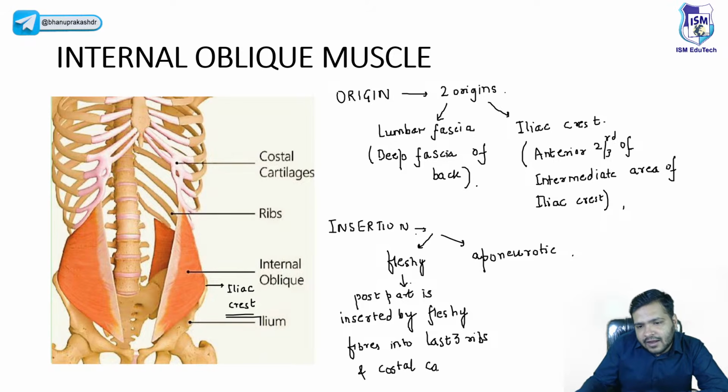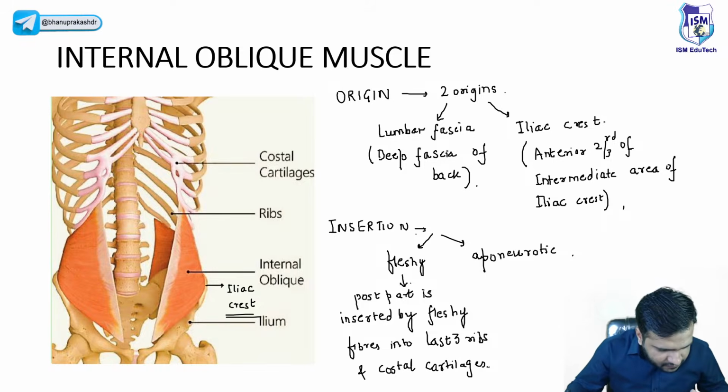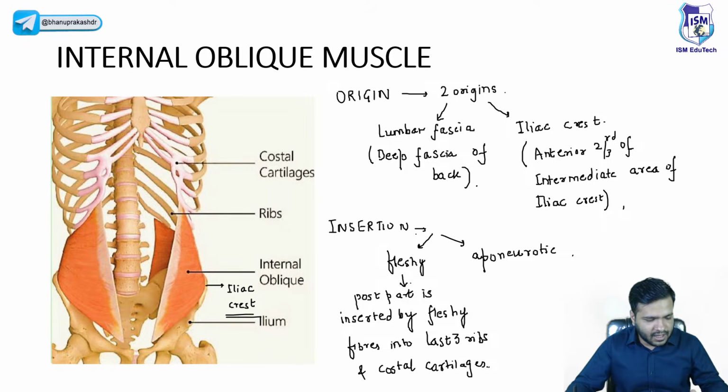Just tell me in the chat box which three ribs will be there. I'm waiting for your answer in the chat box. Just let me know which three ribs will be there.